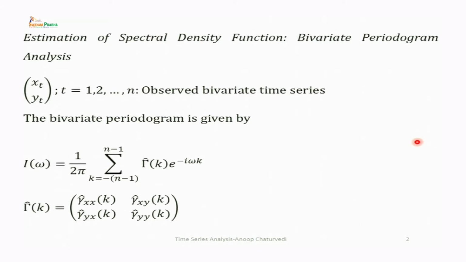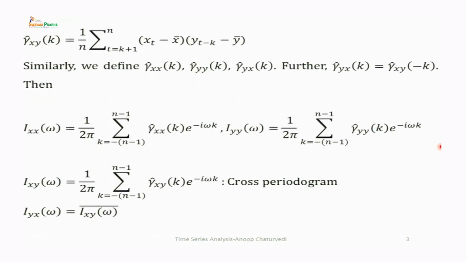Here gamma hat k is a 2 by 2 matrix with elements gamma hat x x k, gamma hat x y k, gamma hat y x k and gamma hat y y k. Further, gamma hat x y k is defined as 1 upon n summation t equal to k plus 1 to n x t minus x bar, y t minus k minus y bar.